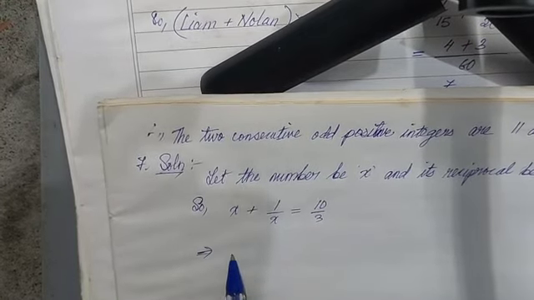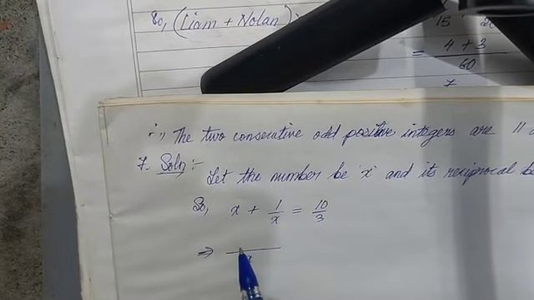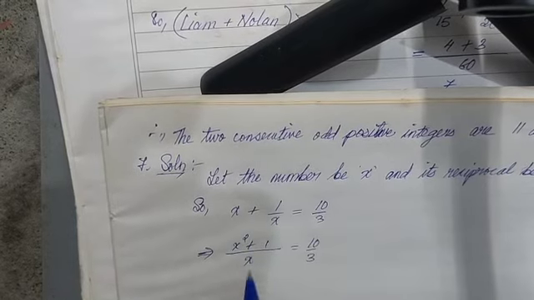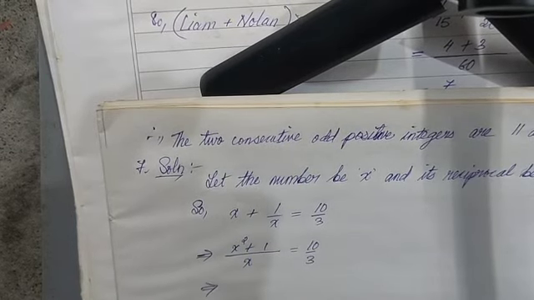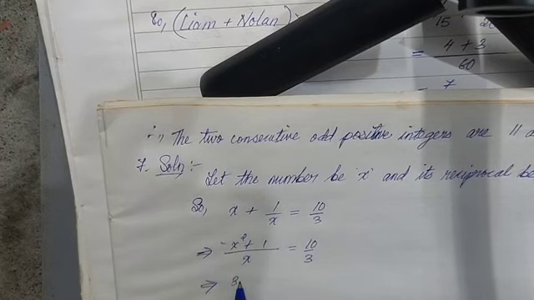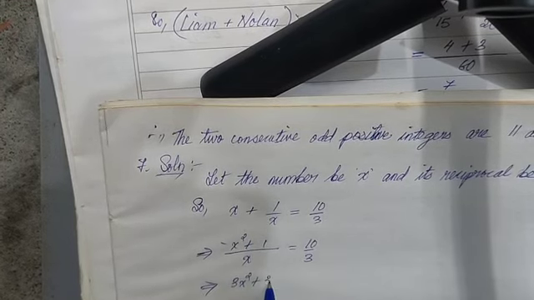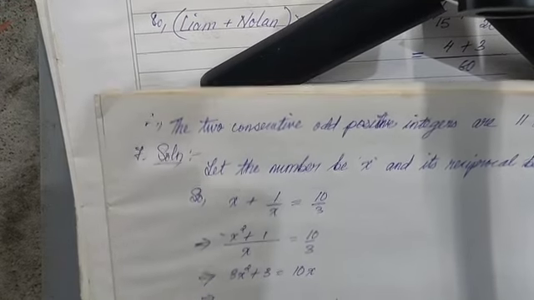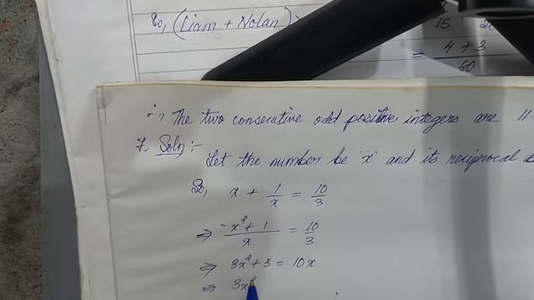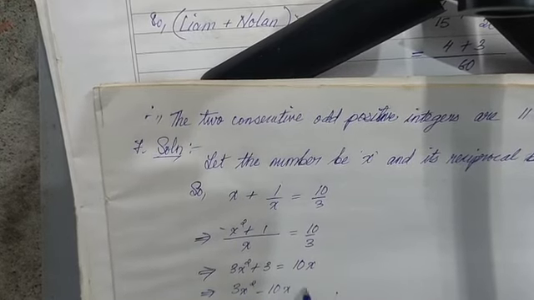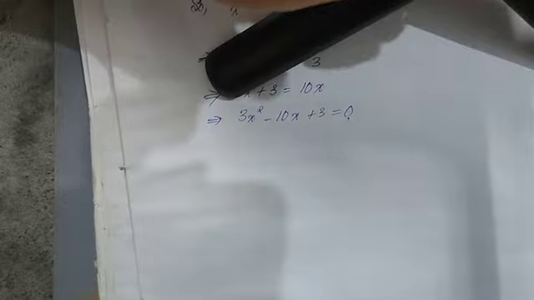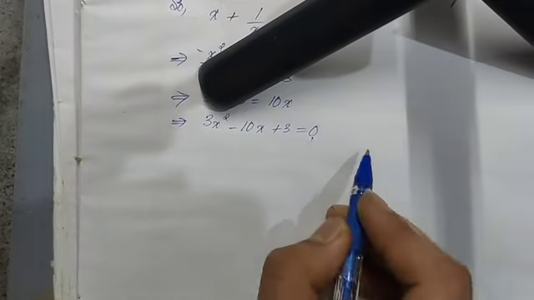Taking the LCM, x squared plus 1 over x is equal to 10 by 3. Cross multiplying, 3 into x squared plus 1 is 3x squared plus 3, and 10 into x is 10x. So 3x squared minus 10x plus 3 equals 0.